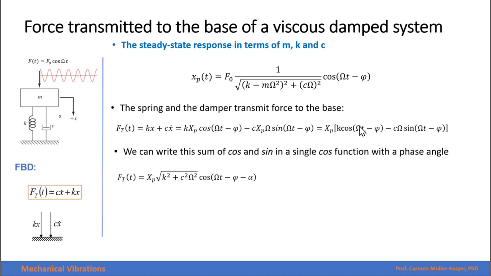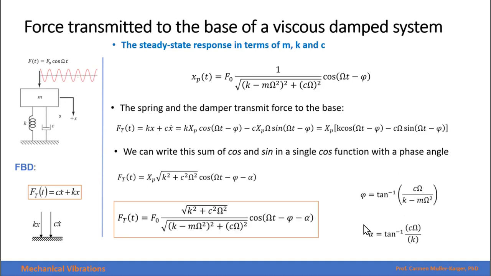We can always convert a summation of a cosine and sine into a single cosine function with a phase angle. We already have a phase angle here, which represents the phase angle of this response with respect to the excitation force. Now we have another phase angle, which is the phase angle between this force transmitted to the foundation and the response of the system.